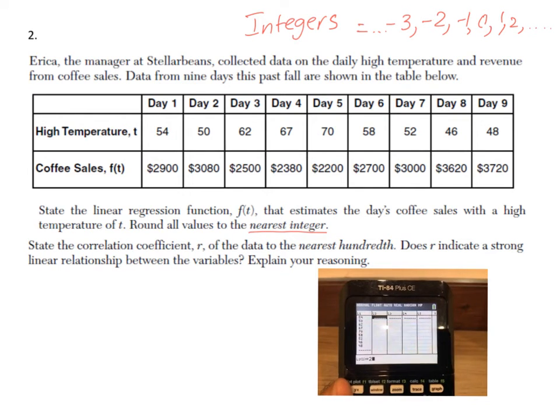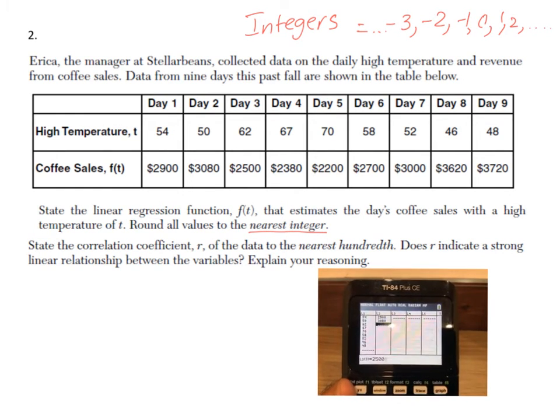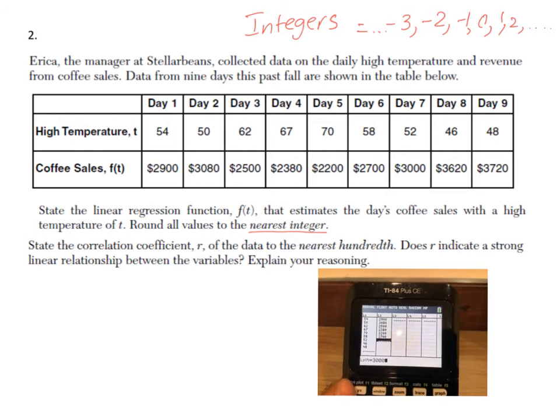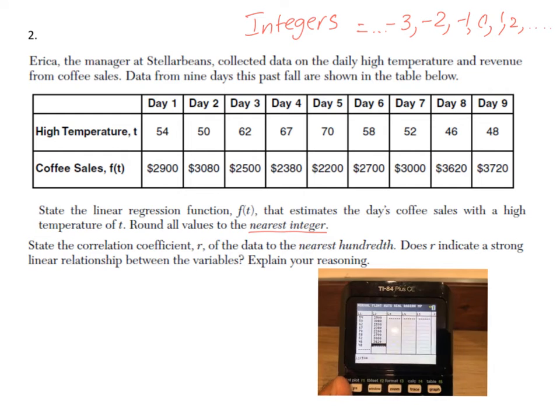And then let's plug in everything on this end. So we got 2900, 3080, 2500, 2380, 2200, 2700, 3000, 3620, 3720.